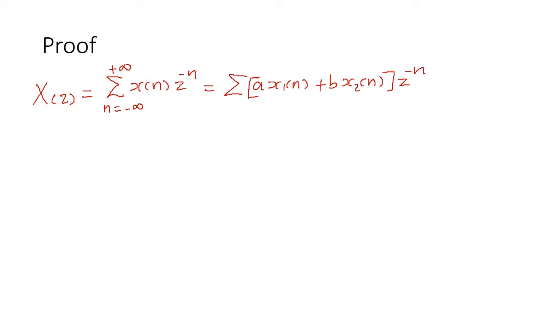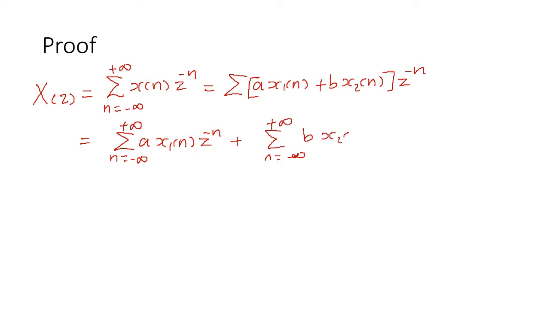So you can split this as summation n equals minus infinity to plus infinity a x1 of n z raised to minus n plus summation n equal to minus infinity to plus infinity b x2 of n z raised to minus n. Since a and b are constants, you can take them outside the summation, because the summation is over the index n.